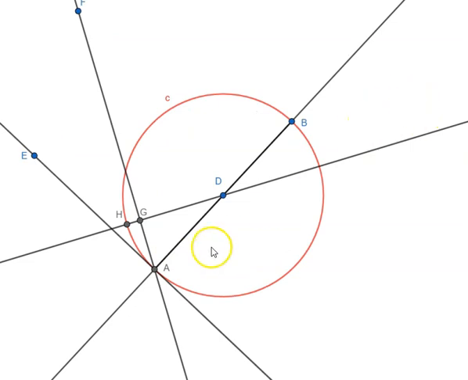Now let's look at the last part of the proposition, which says that the curvilinear angle BAH is greater than any acute rectilinear angle, and the curvilinear angle HAE is less than any acute rectilinear angle.